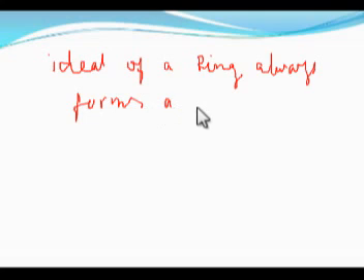But the converse is not always true. I'll give you an example.